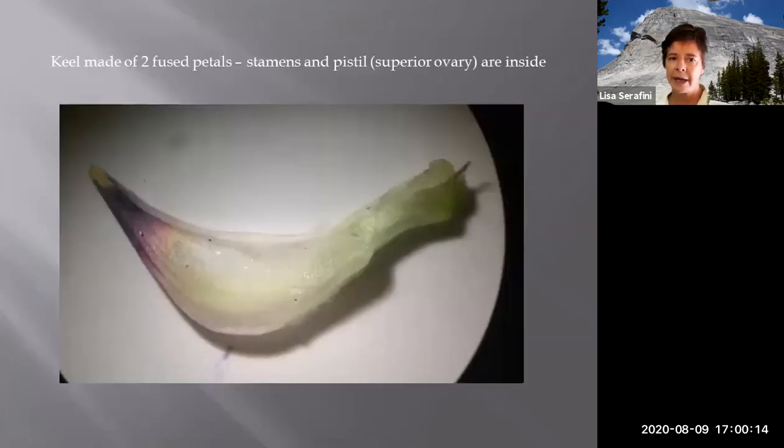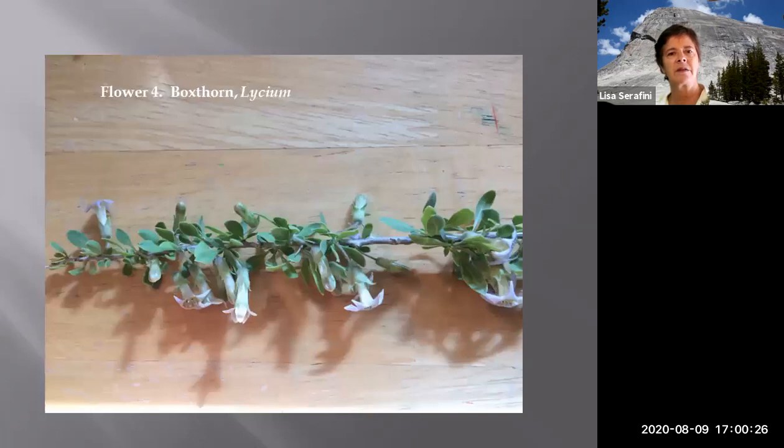So looking back at a different species, the first species, this is the keel taken out, and this is made of 2 fused petals. Inside this, we'll have the stamens and the pistil. So that was the pea structure with the banner, the 2 wings, and the keel made of 2 petals fused together. And now we're going to go to flower 4, boxthorn or lycium.